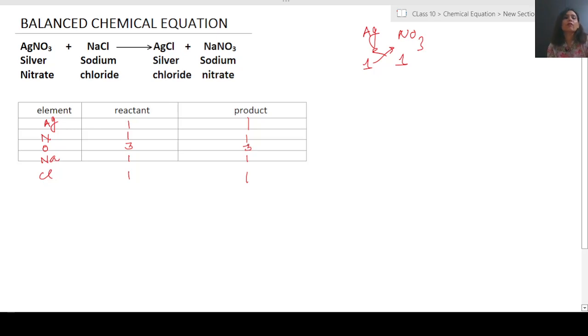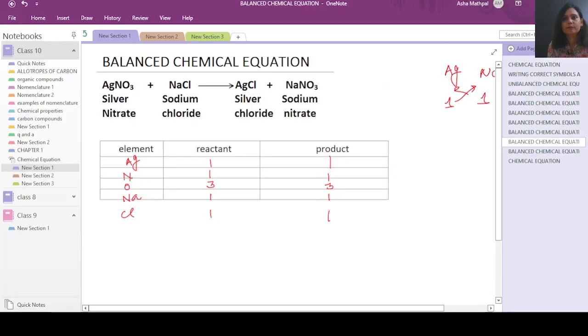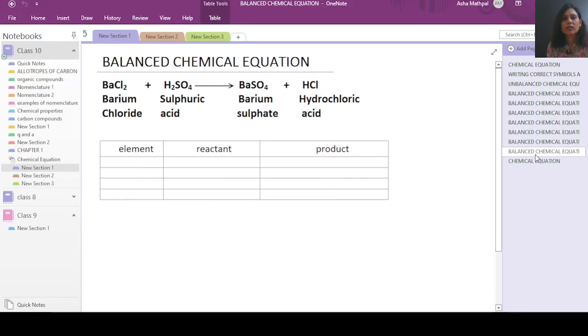So it is already a balanced chemical equation, so there is no need to balance it. Keep in mind that sometimes it is asked blindly like that, so it is a balanced chemical equation, no need to put any number. Then let us try with another example, this one.